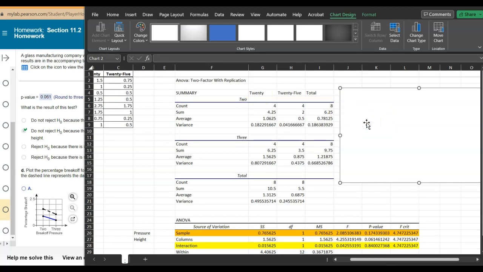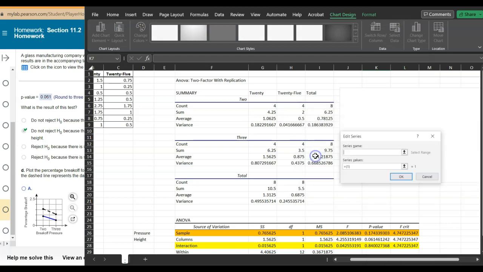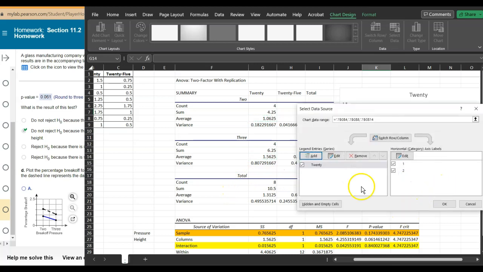So I'm gonna right click, select data, add the series, and the first series is gonna be the 20, and then you're gonna select the averages on the 20. Hold the control key, select the first average and second average. Do not select the next average as it is representing the total, all right? Okay, that's the first one.